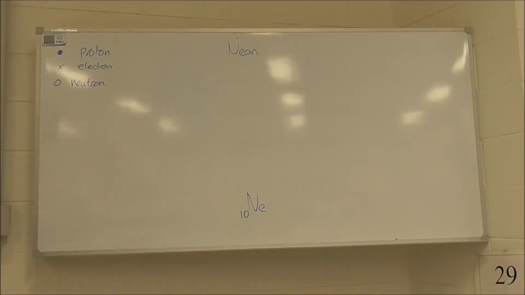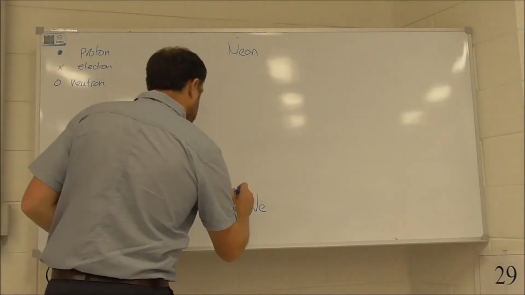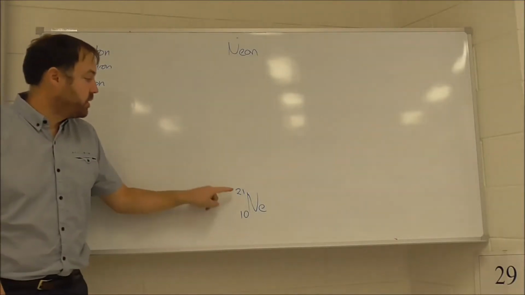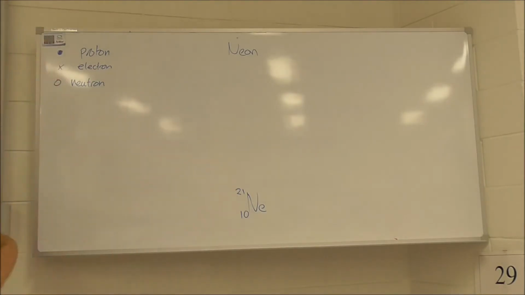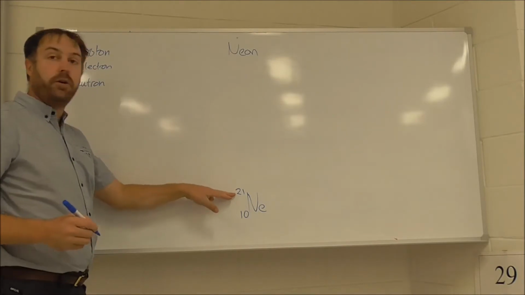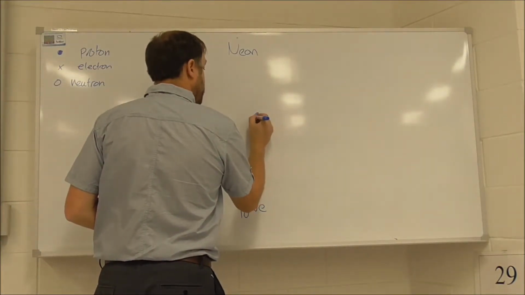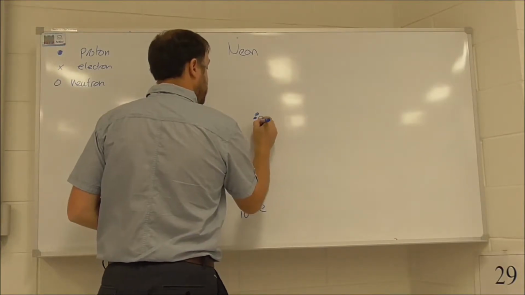So I'm going to make this particular one have an atomic mass of 21. If it's got an atomic mass of 21, we've got 10 protons. How many neutrons must we have? Must have 11, because the number of protons plus the number of neutrons is equal to the atomic mass. This is going to be a little bit messy because I've got to draw 21 protons and neutrons in here.